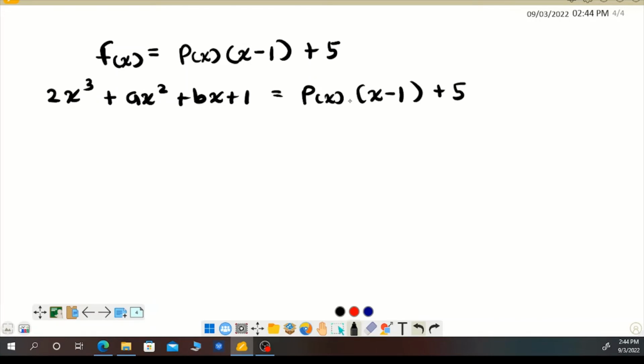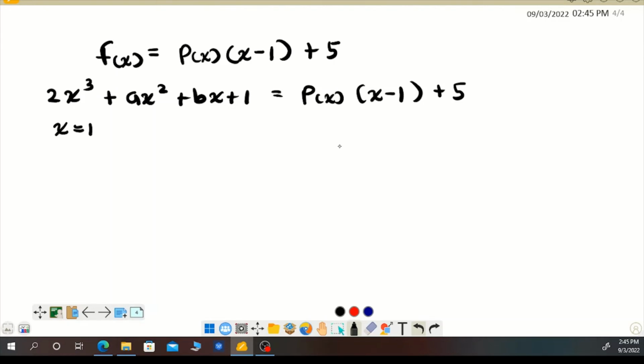After that we have to drop the p(x) function because we don't know it. To remove it we use x minus 1 equals 0. If x minus 1 equals 0, the whole p(x) term is removed from the equation. So I consider x equals 1.